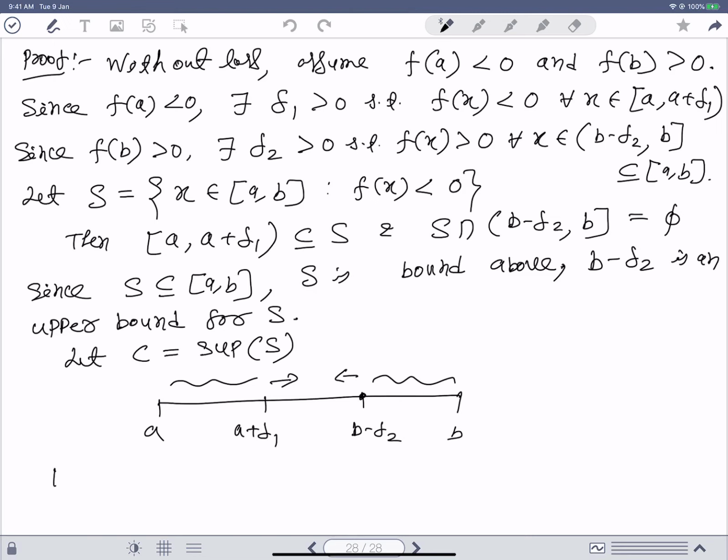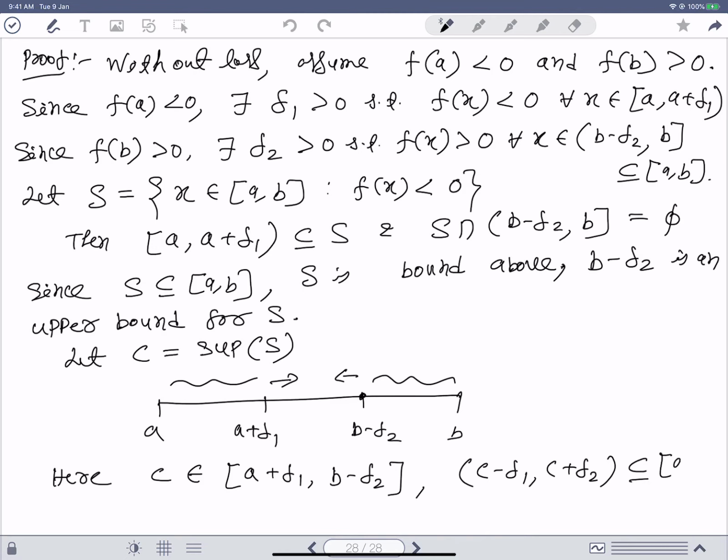So here C belongs to the closed interval [A plus delta 1, B minus delta 2]. So that means the set (C minus delta 1, C plus delta 2) is a subset of AB. Fine.